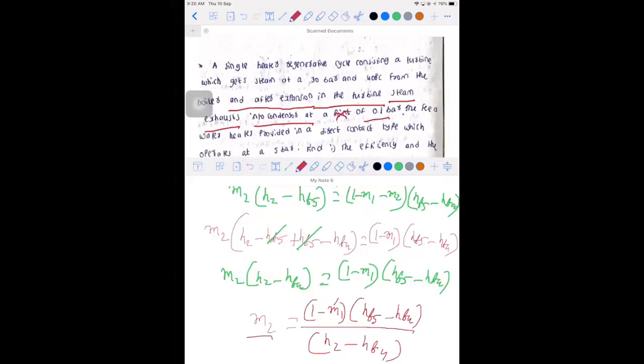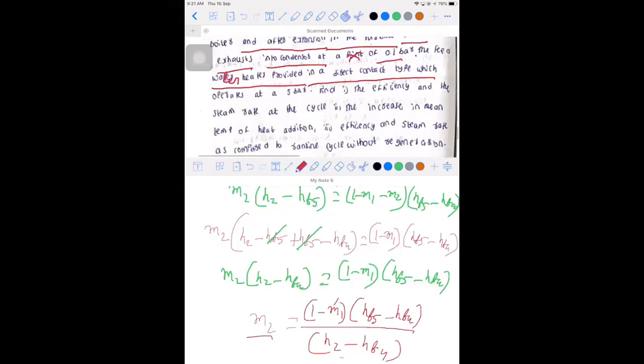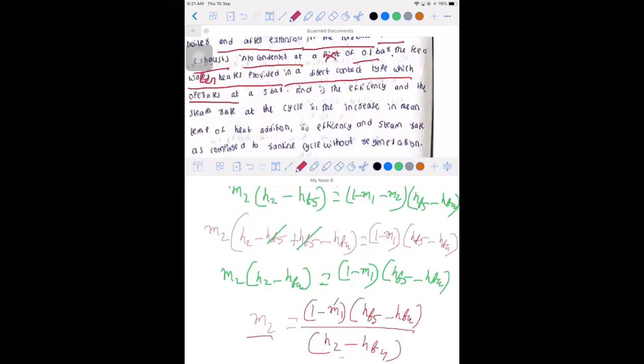The feed water heater provided is of a direct contact type, which operates at 5 bar.